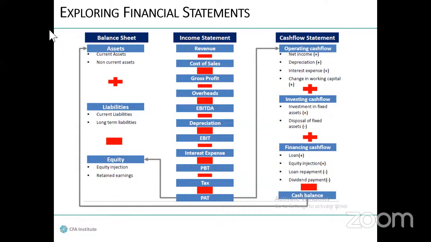Go to the chat box now and tell me what item on the income statement the providers of equity capital will get their return from. So which item will you deduct or pay providers of equity capital from? I think my question is clear. Just drop it in the chat box.